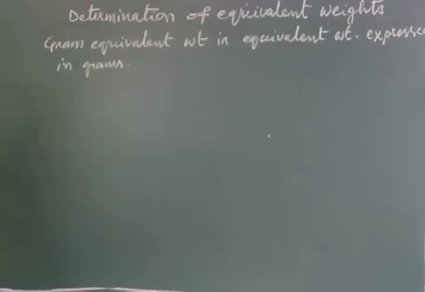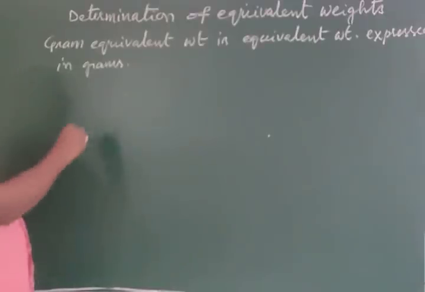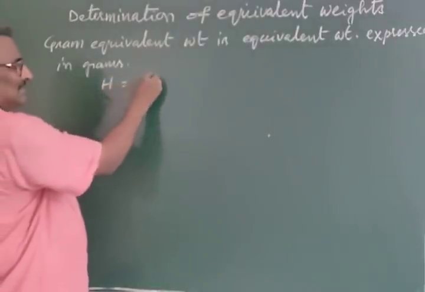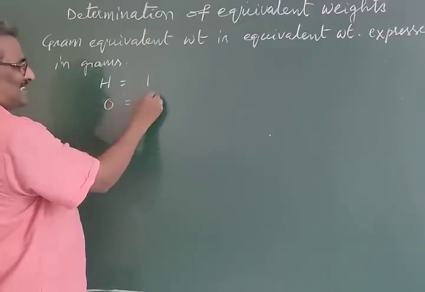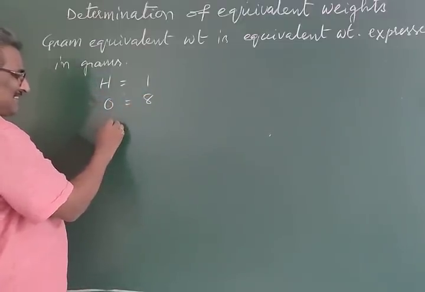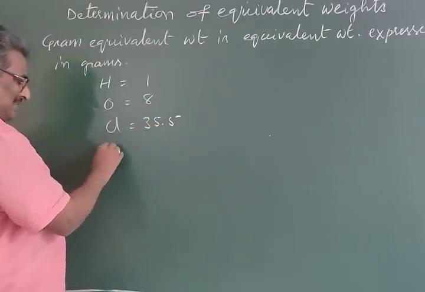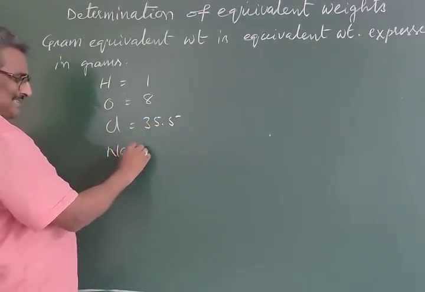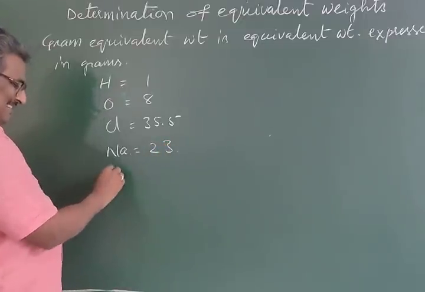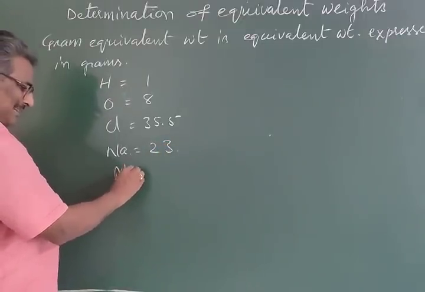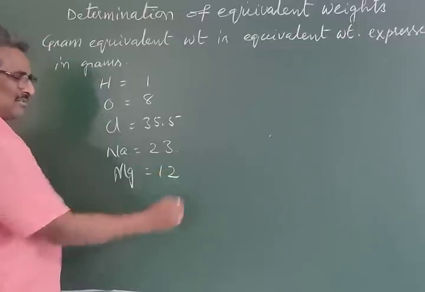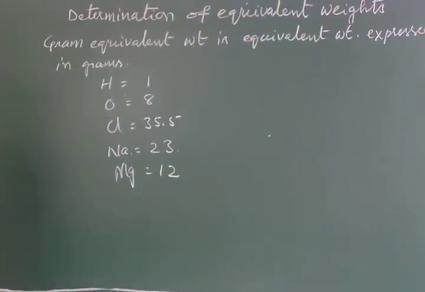In the same way, the equivalent weight of hydrogen is 1. The equivalent weight of oxygen is 8. The equivalent weight of chlorine is 35.5. The equivalent weight of sodium is 23. The equivalent weight of magnesium is 12, and so on.